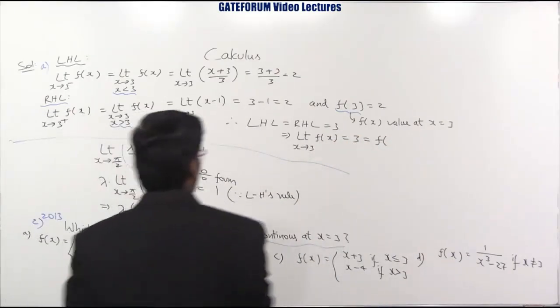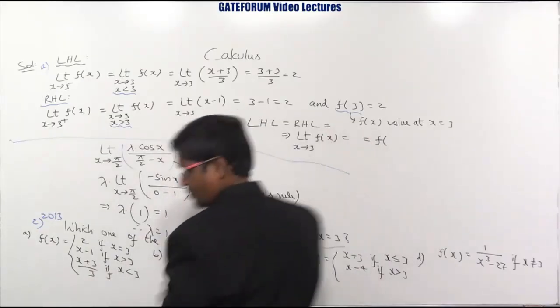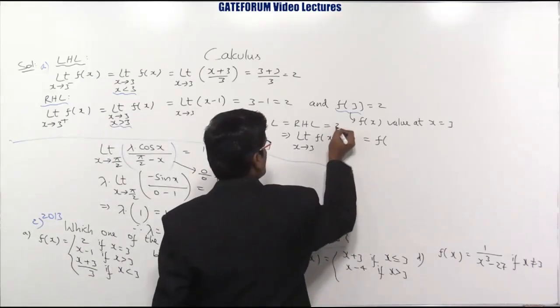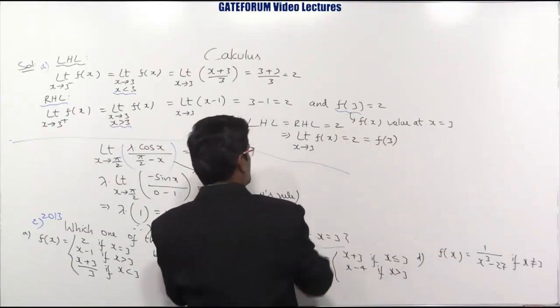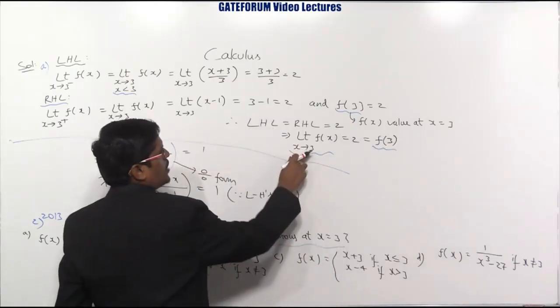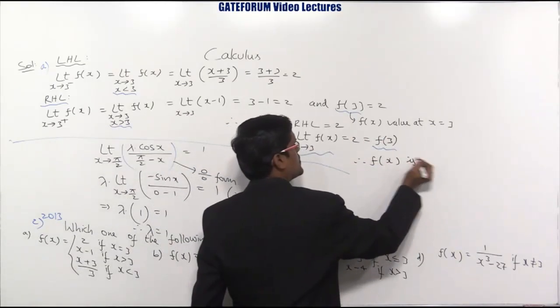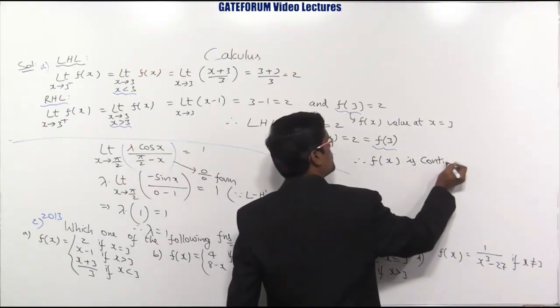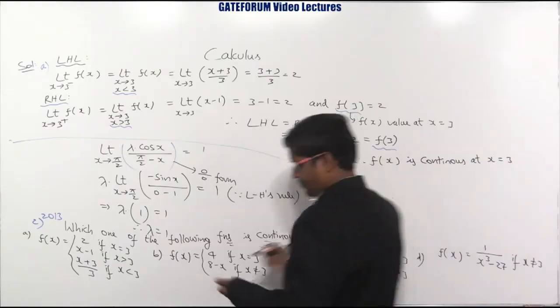Left limit and right limit values, we got 2, and this is 2. The function value at x equal to 3 is also 2. So just compare with the continuity definition: limit f of x as x tends to a is equal to f of a. Therefore, f of x is continuous at x equal to a. A means 3.